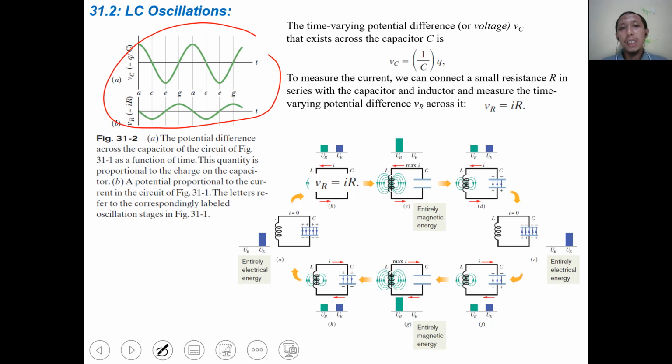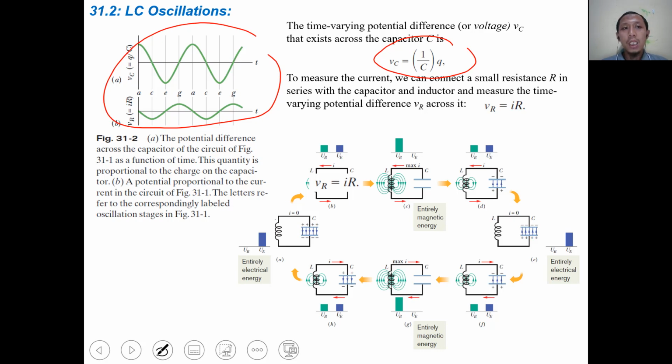And then we can see that the voltage in the capacitor will be determined by these equations. Vc is equal to 1 over C dot q.